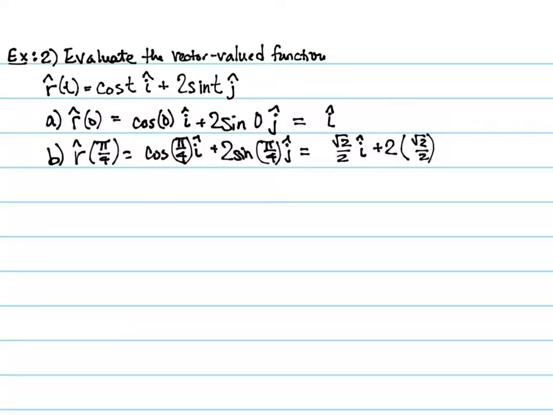So I have the 2 sine, so it's 2 times square root 2 over 2 for j. And if we simplify just a touch, we will end up getting the 2's here to cancel, of course. So I have square root 2 over 2 i plus the square root of 2 j.